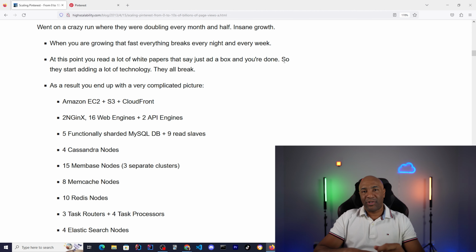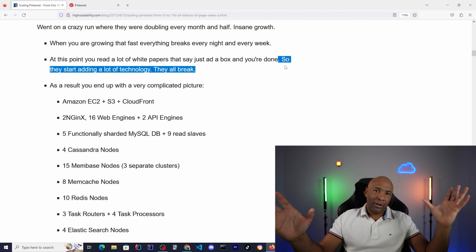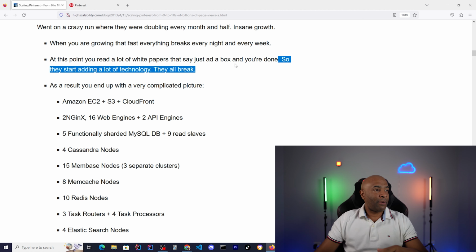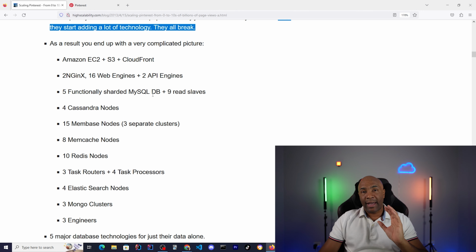So in theory, just throwing more money or adding more boxes would solve the problem, but it's not usually the way it works. So they started adding a lot of technology to help solve the problem, and it all broke. As a result, they ended up with the following architecture.